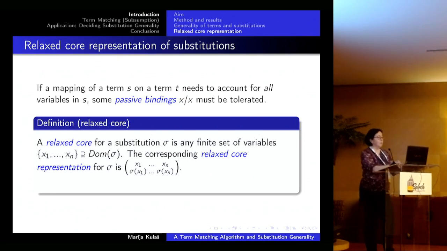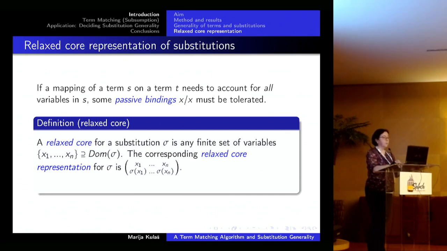So the whole rest, the infinitely many, are just being ignored. They are mapped to themselves, right? But that is not sufficient for all purposes. For example, if we have a term S which can be mapped to a term T, but we also want to account for all variables in S.